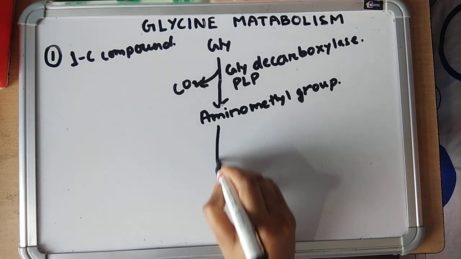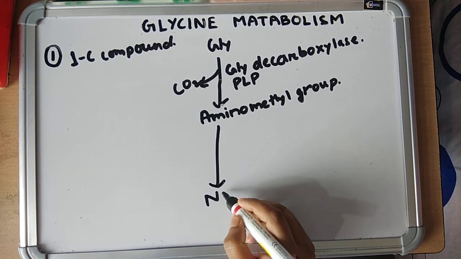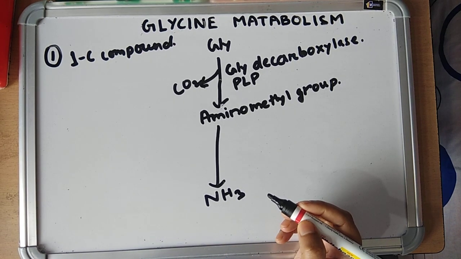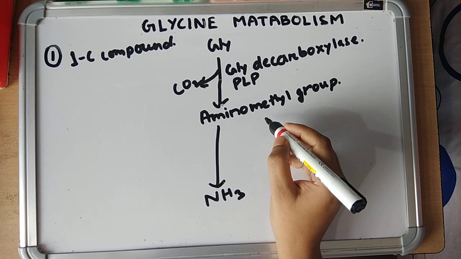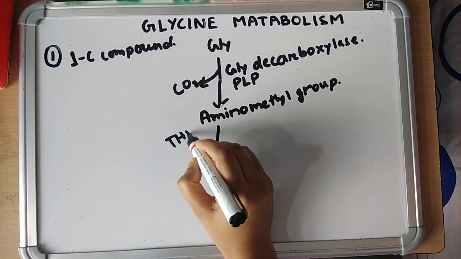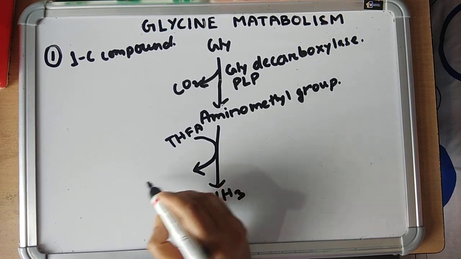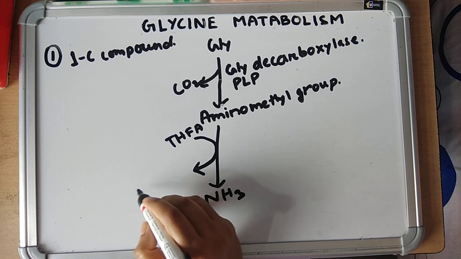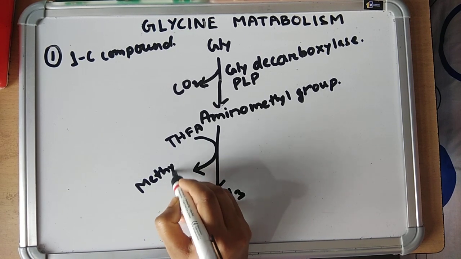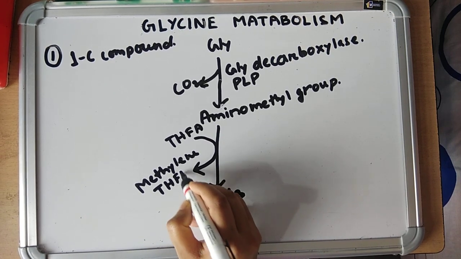Now in this aminomethyl group, the amino group is released as ammonia, and the methyl group is transferred to tetrahydrofolic acid, and tetrahydrofolic acid forms methylene tetrahydrofolic acid.